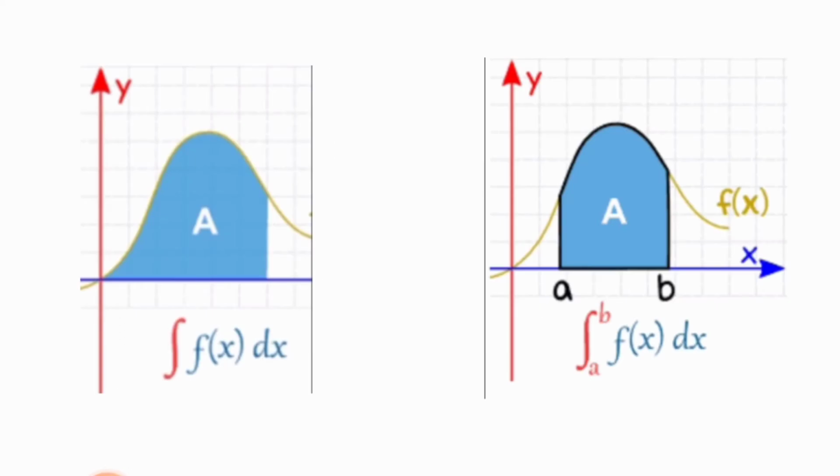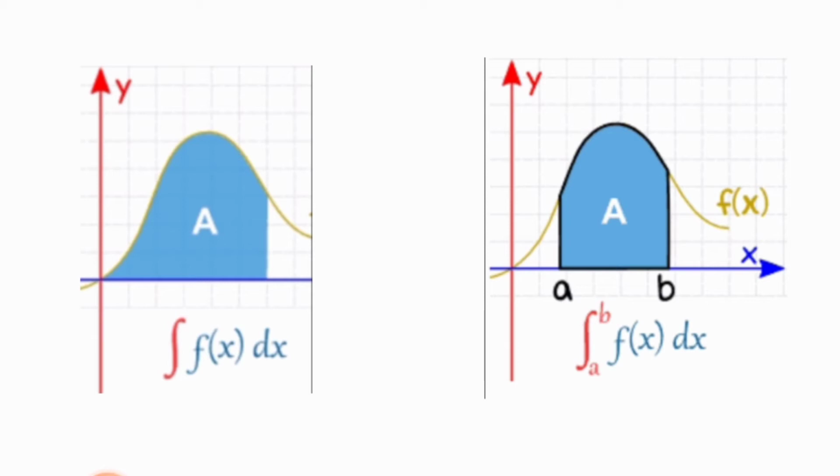Now we have a and b, which are called limits, bounds, or boundaries. They are put at the bottom and top of the integral sign, like this. Have you seen the graph? The graph on the left side is the indefinite integral, which has no specific value.